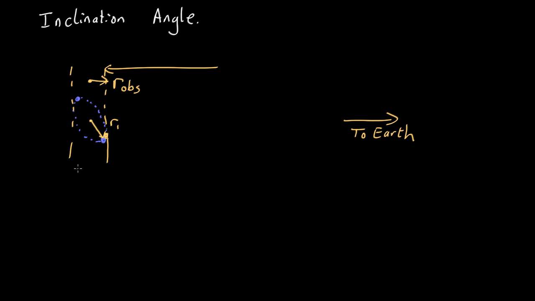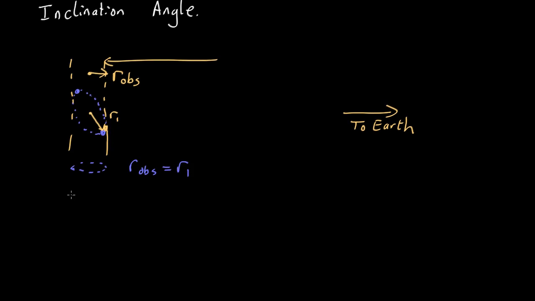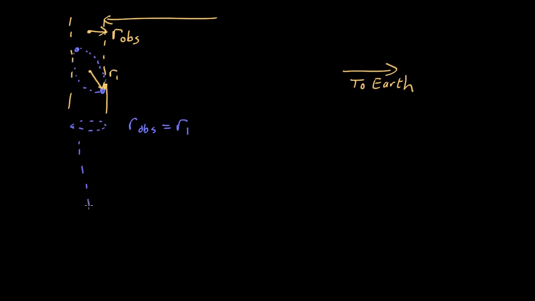And if the orbit were perfectly edge-on, then R observed will be the same as R1. But if the orbit were incredibly tilted to the line of sight, in that case R observed can be much, much less than R1.